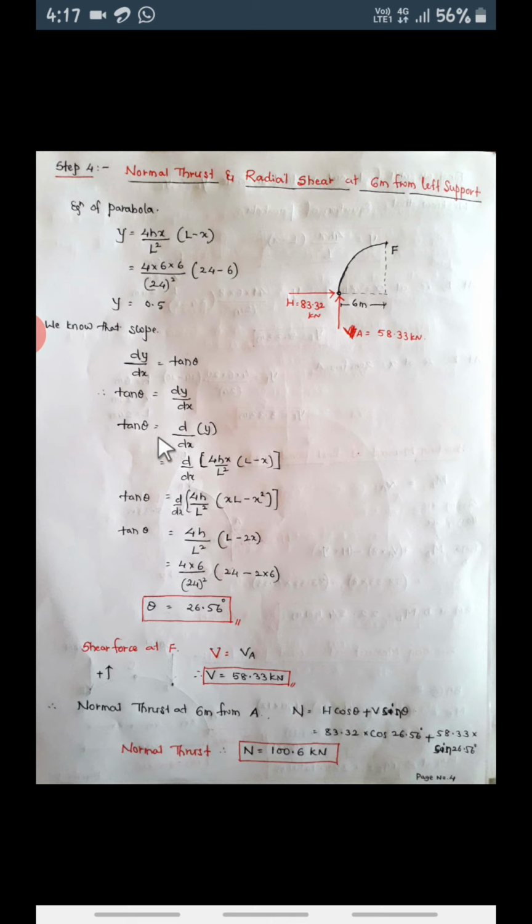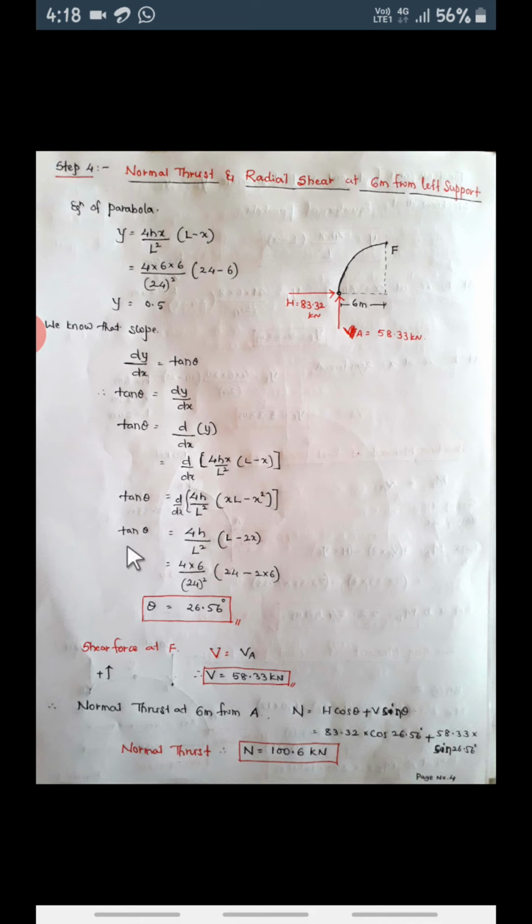So tan theta is equal to d by dx of y. Now you have to differentiate this y, that is 4hx by L square into L minus x. So I can take 4h by L square outside, then x into L minus x square.